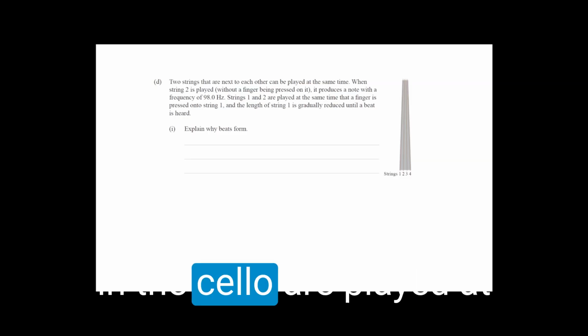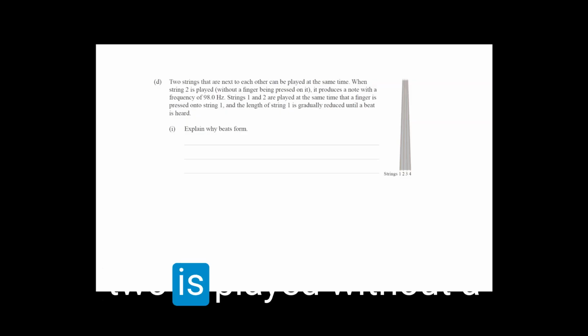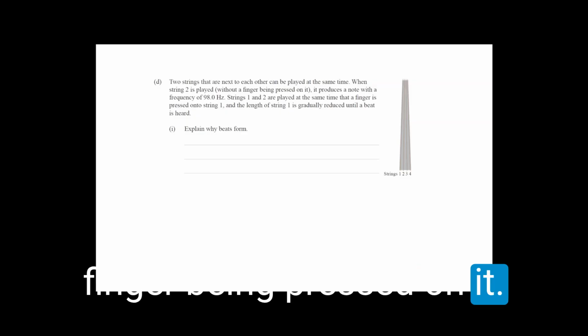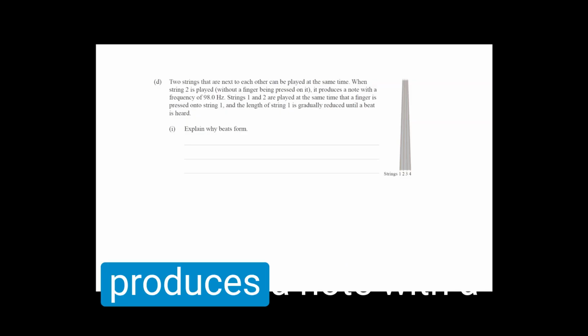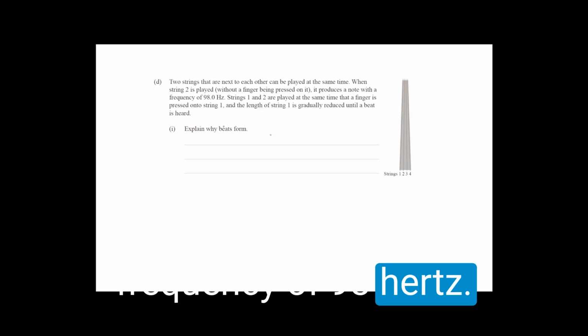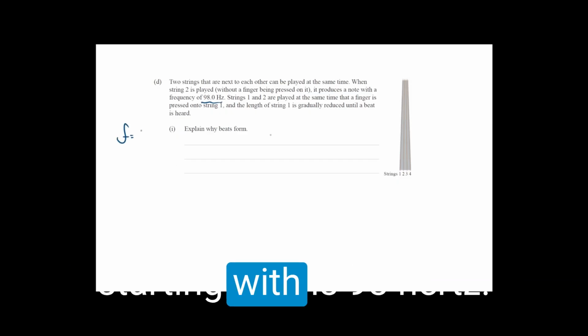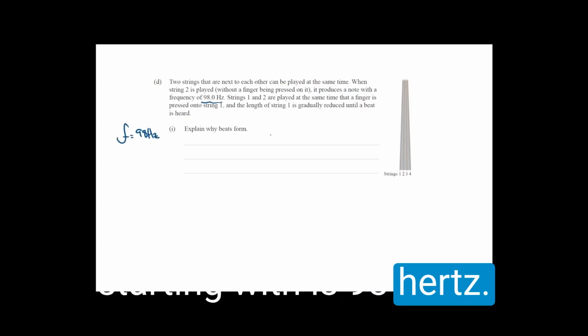Two strings that are next to each other in the cello are played at the same time. When string 2 is played without a finger being pressed on it, so it's an open string, it produces a note with a frequency of 98 hertz. So our starting frequency is 98 hertz.